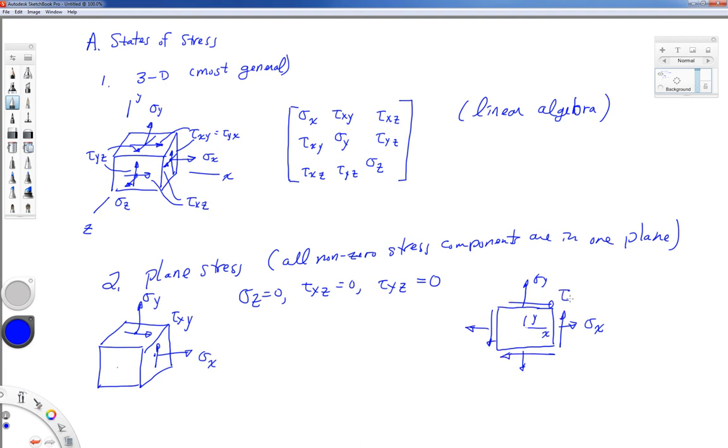So this is just another way to show this cube, to draw it flat, but we still need to keep in mind that the object is three-dimensional and the stress state can have a third component in the z direction that we may have to account for.